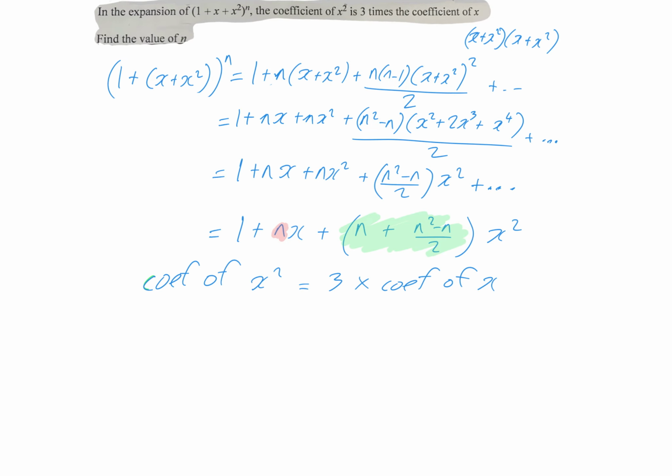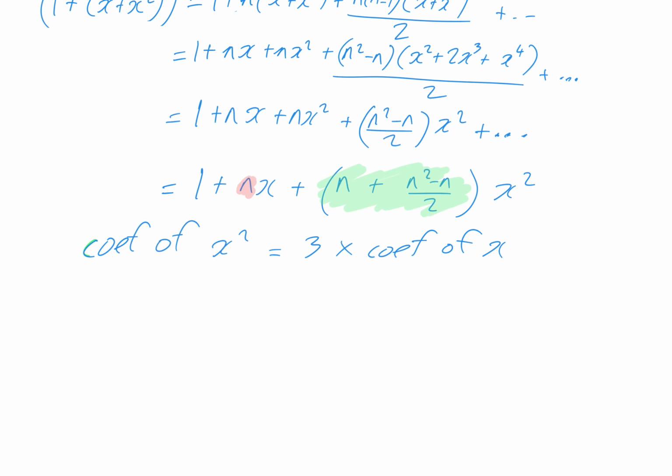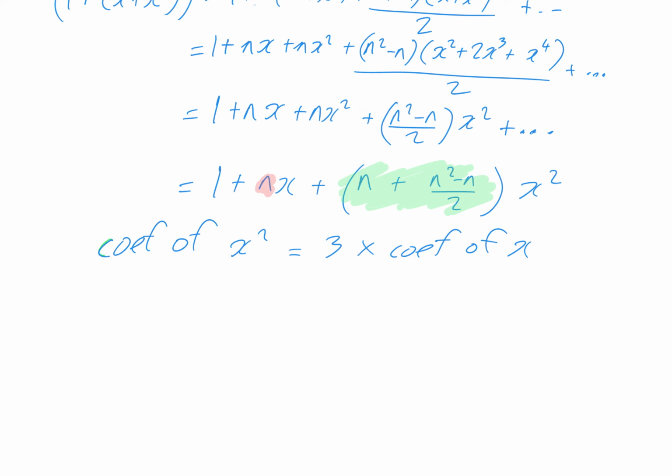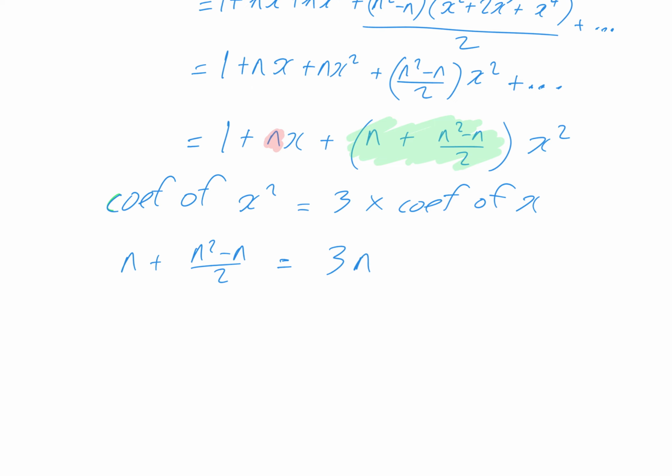I would get no marks for writing that, but that will keep me right. So n plus n squared minus n all over 2, that was the thing in green, is 3 times the coefficient of x, which was just n. Let's sort that out. I bring that one n across, so n squared minus n all over 2 is equal to 2n.